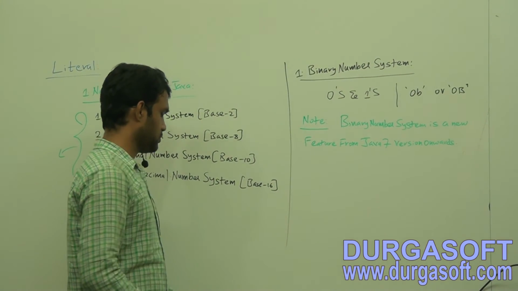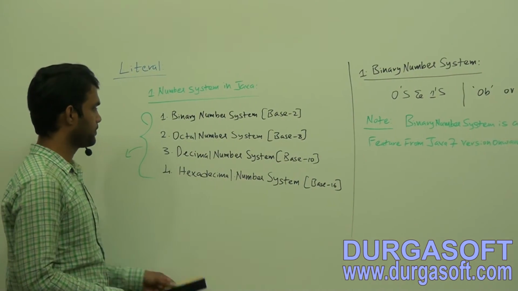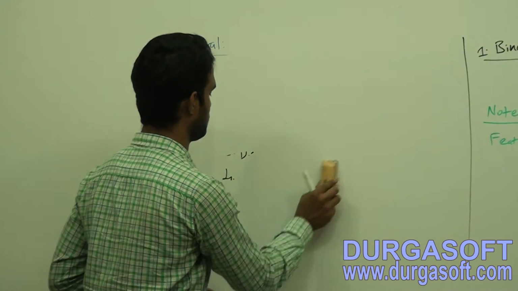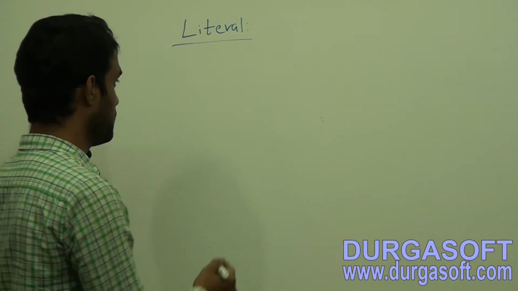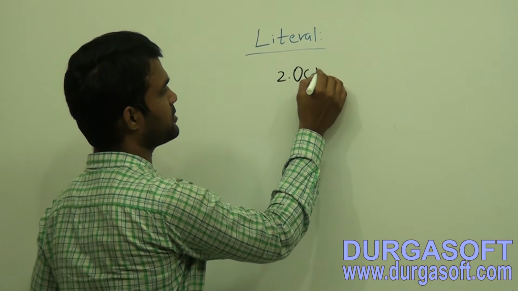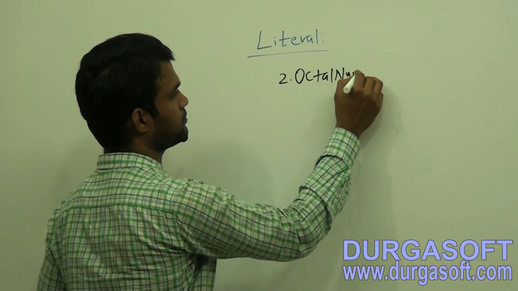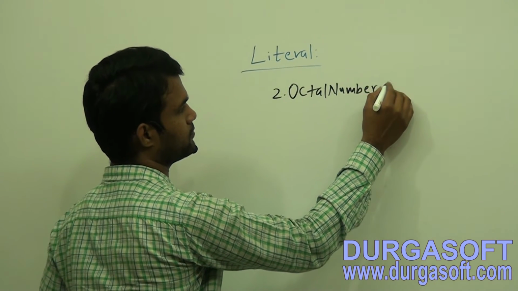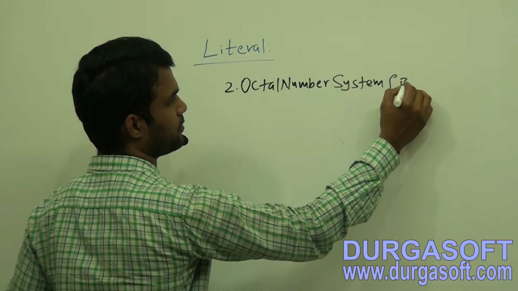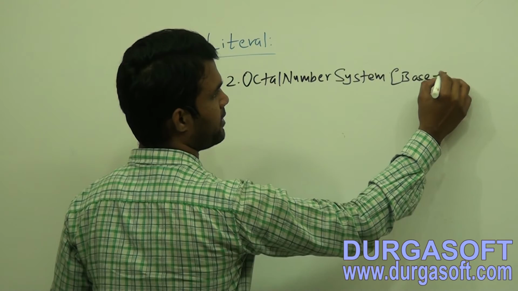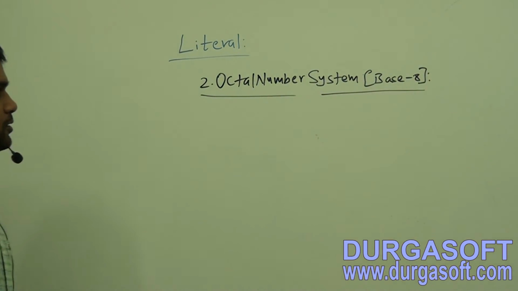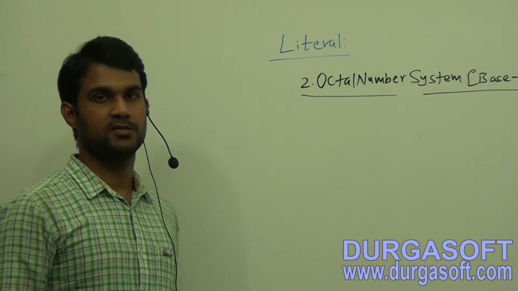So what about one more number system which we have? The second one is the octal number system, which is base 8. How can we represent a number in the octal number system?